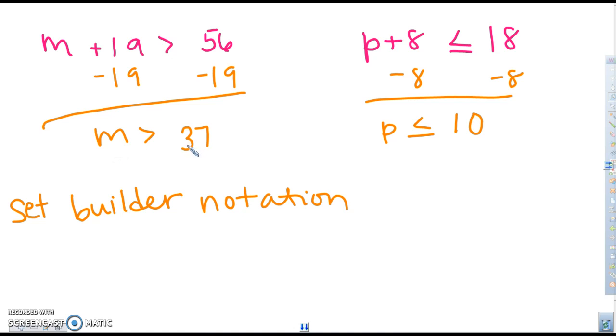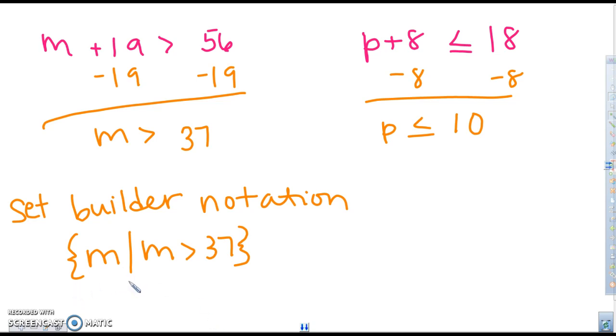So we know m is all the numbers greater than 37. So the way we would write that is we use these fancy brackets because we have fancy people, and we say m such that m is greater than 37.